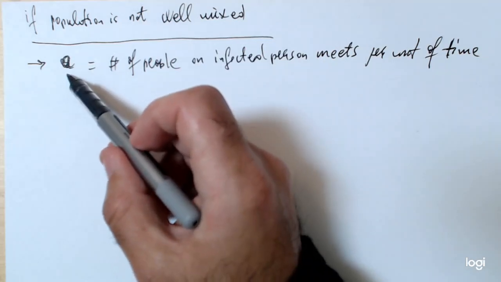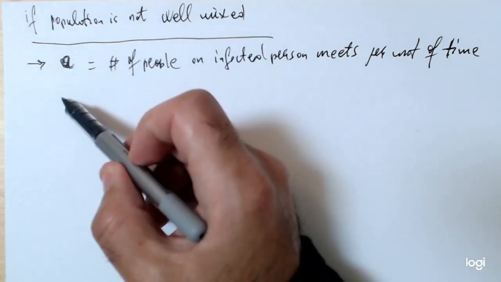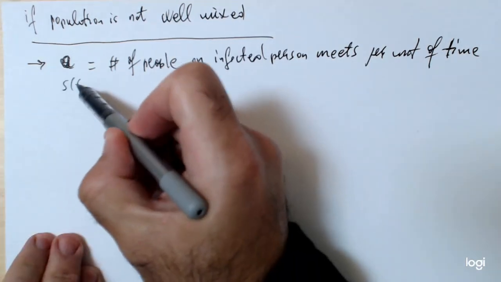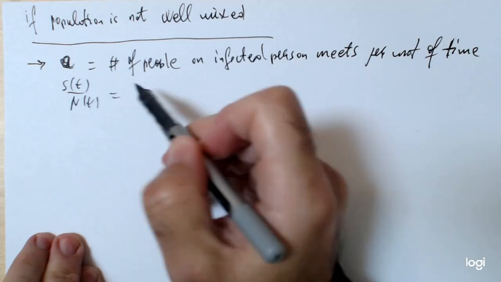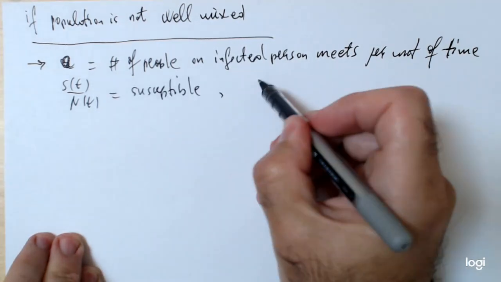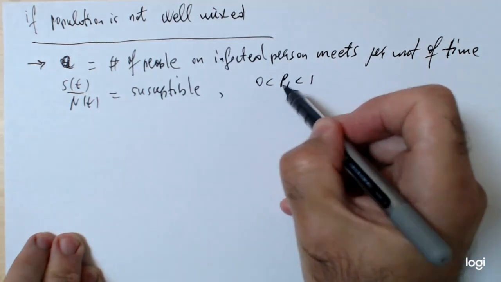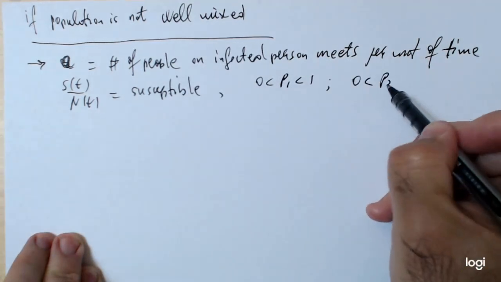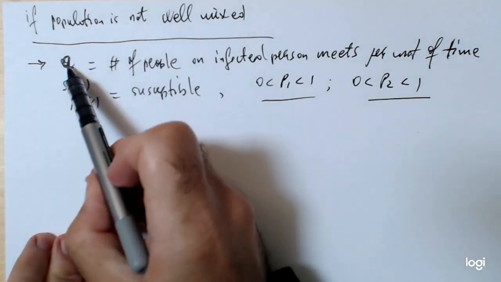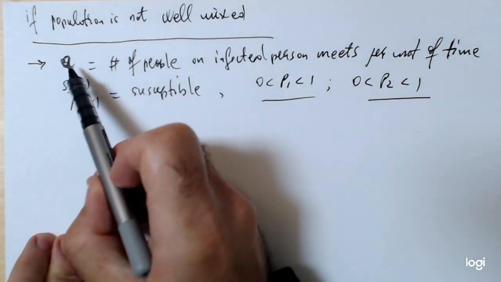On the other hand, you will see the contact rate is again further reduced by those reduction probabilities: the probability of meeting a susceptible, and just like before, whether you are close enough, whether the transmission actually occurs, and so on and so forth. The crucial thing is that this is no longer multiplied by N of t.